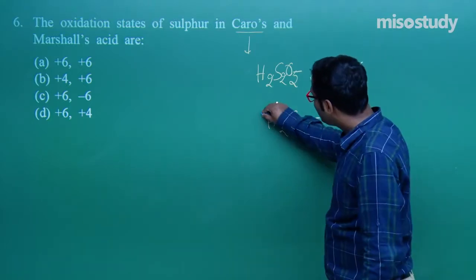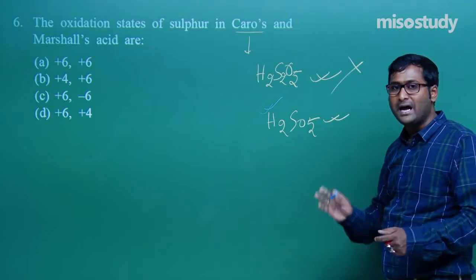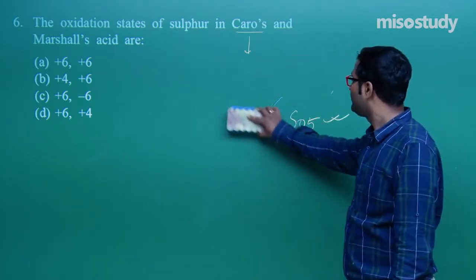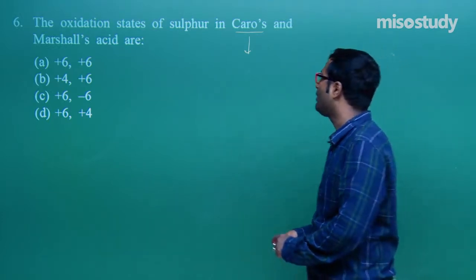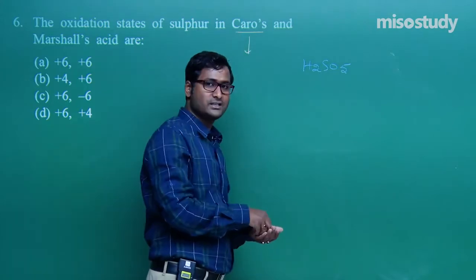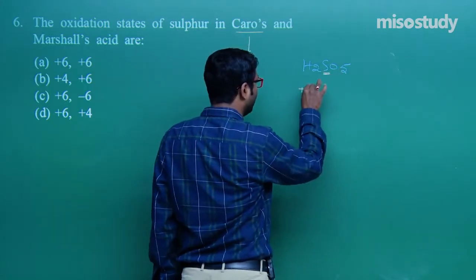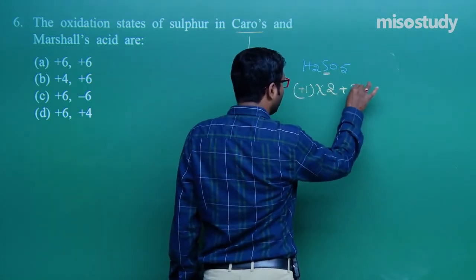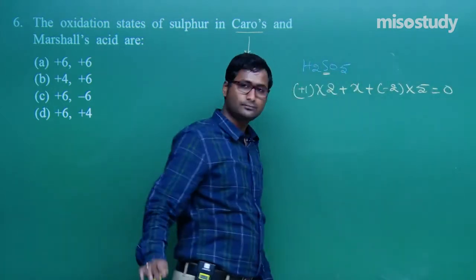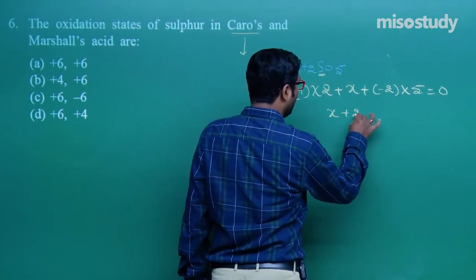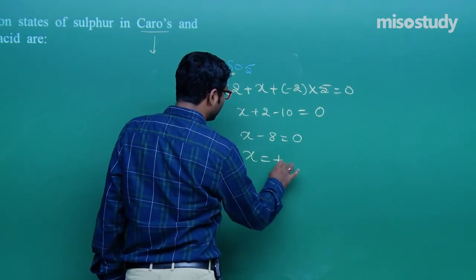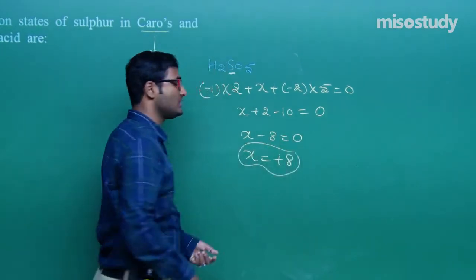Clear? So for solving such kind of questions, we have to first draw the structure. If you do not know how to draw the structure, then we are not able to solve such a question. Because if I write down the formula and try to find the oxidation state using the formula, what will happen? Plus 1 into 2 plus x, minus 2 into 5 is equal to 0. x plus 2 minus 10 is equal to 0. x minus 8 is equal to 0, or x is equal to plus 8.